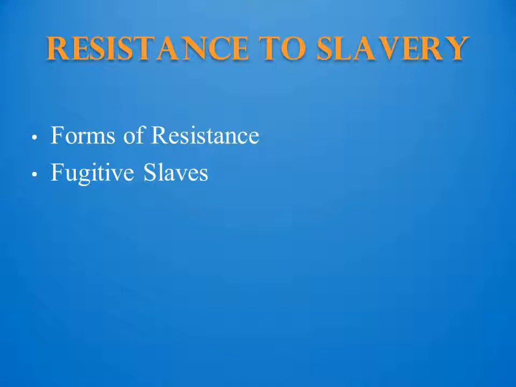Many slaves stole food, but less frequent and more dangerous were assaults against whites, and this would be arson, poisoning, and armed attacks. Escape was a serious threat to slavery's stability, and most slaves who ran away would leave the plantation for a day or two simply to frustrate owners, but would then eventually return. The smaller number of fugitive slaves who attempted to permanently escape faced very large obstacles to freedom.